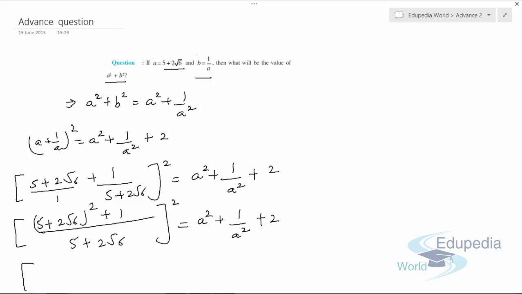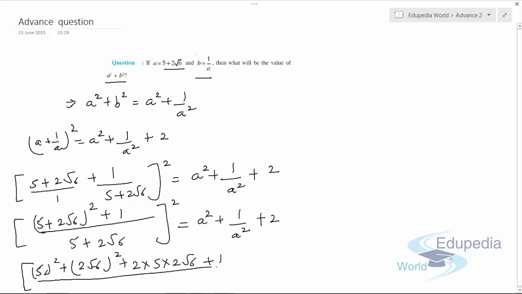So here we can apply a plus b whole square, which is 5 square plus (2 under root 6) whole square plus 2 into 5 into 2 under root 6 plus 1 upon (5 plus 2 under root 6) whole square, which can be written as a square plus 1 by a square plus 2.